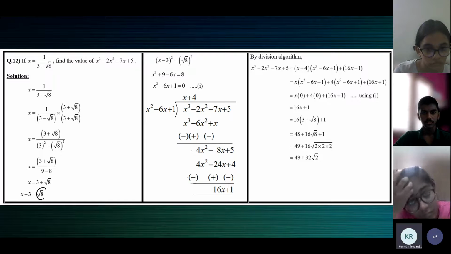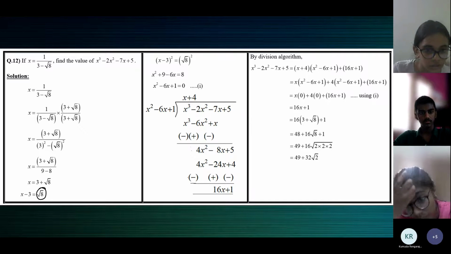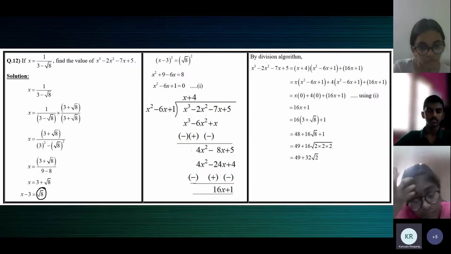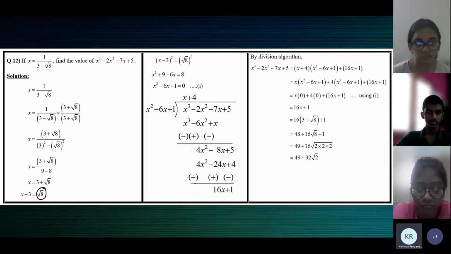Can you see root 8 alone on one side? That's why you should transfer 3 to the LHS. What we're trying to do is isolate the irrational value. Clearly, root 8 is irrational. We're trying to have that alone on one side, it can be the LHS or RHS. The rest of it should be on the other side.